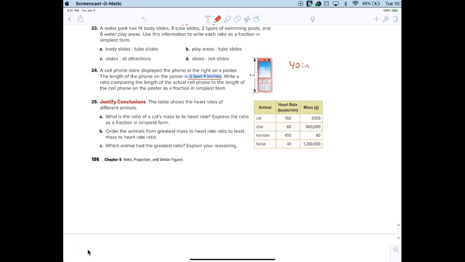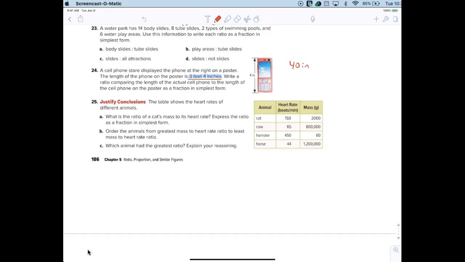Now, I want to read the question. Who was reading this question? Go. All right. It's okay, Gray. They're volunteering you. That was nice of them. All right. So now, what's the last part of the sentence say? Because I got to figure out, is it going 40 inches over 4 inches, or is it going 4 inches over 40 inches? So what would it be?